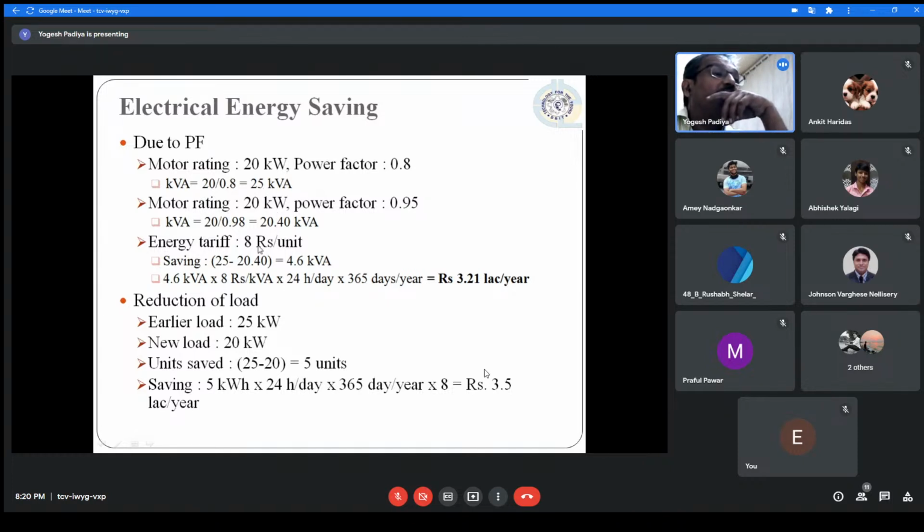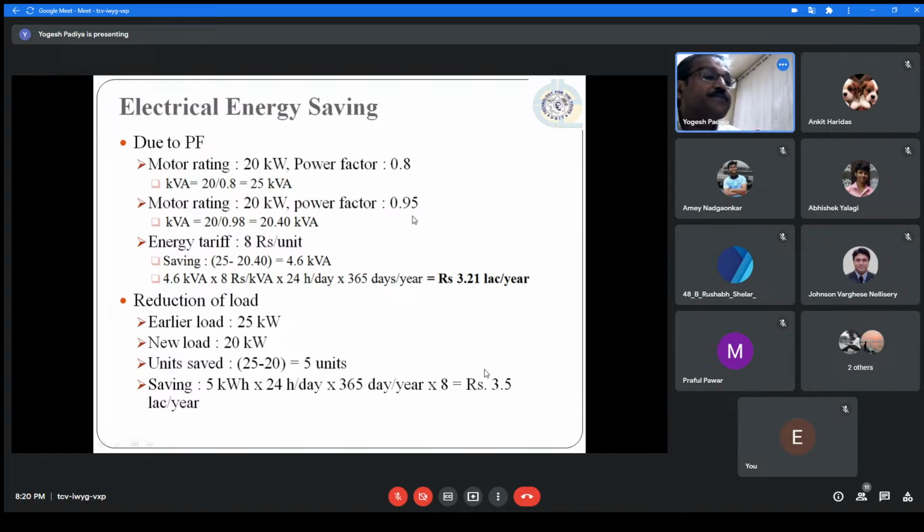It means that if 8 rupees was charged, he was paying for 25, now he will pay only for 20. It means he will save 4.6 kVA. 4.6 kVA into 8 into 24 into 365, so 3.21 lakh rupees per annum he was able to save just by increasing the power factor of this motor from 0.8 to 0.95.